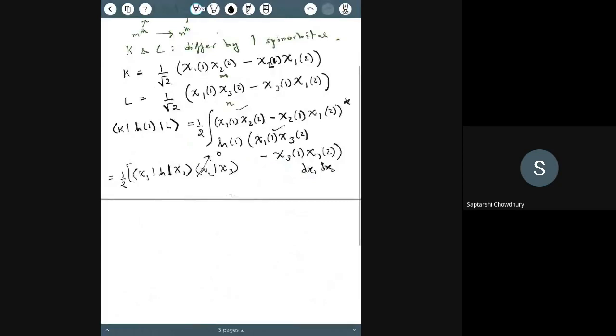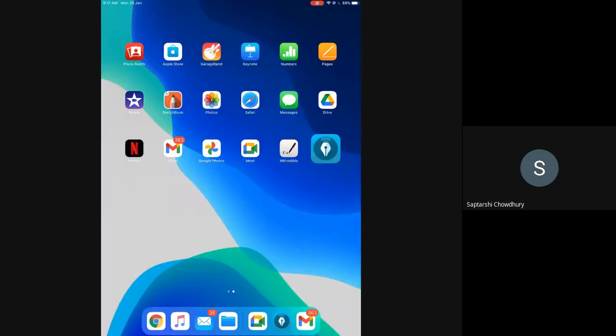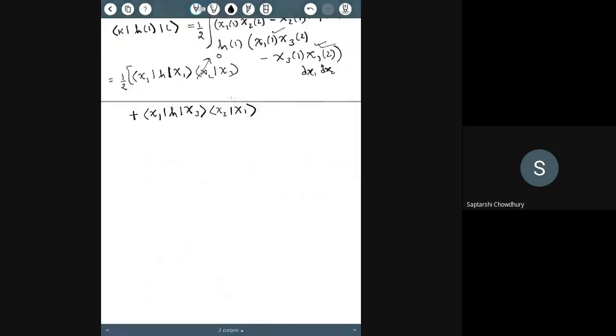Then the first and the last term, so this and this is now again plus, and you have 1, so chi1, chi3, and what is left is chi2, chi1, so that is again 0. Then I have minus.